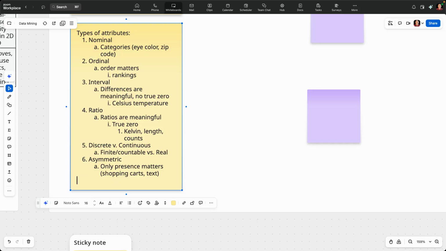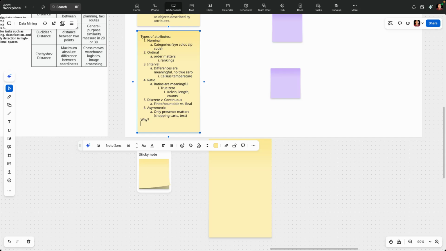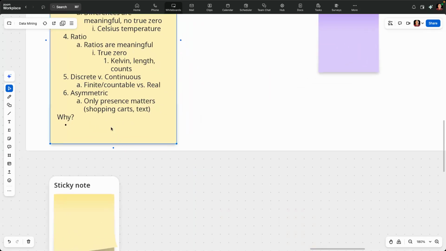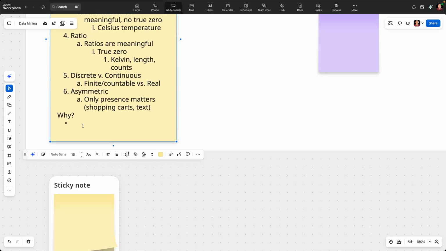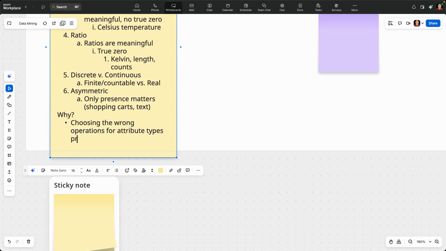And then we will answer, why is this important? Choosing the wrong operations for attribute types produces nonsense.